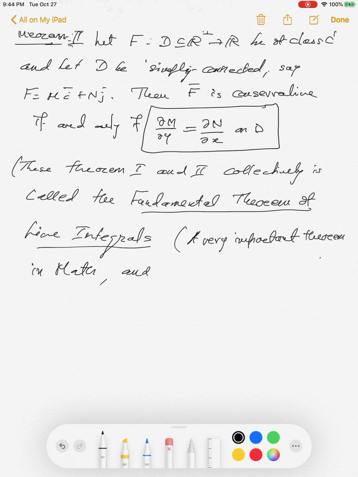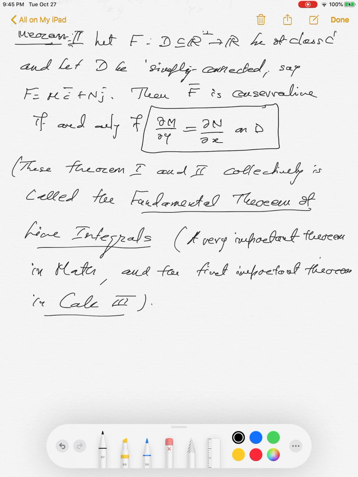And this is the first important theorem that you learn about in Calc 3. And I think the previous things were not as important.